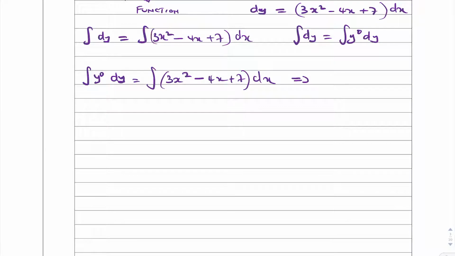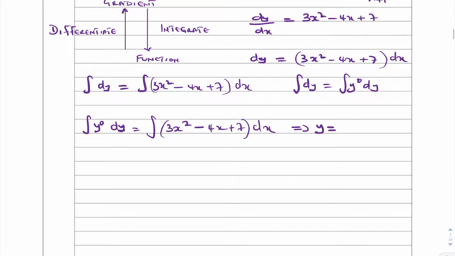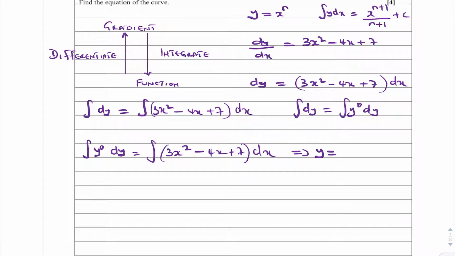And that gives us y equals, if you apply the integration rule, taking the integral sign off, y to the 0 plus 1 over 0 plus 1, because n is 0 in this case.